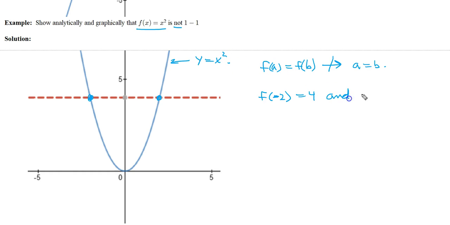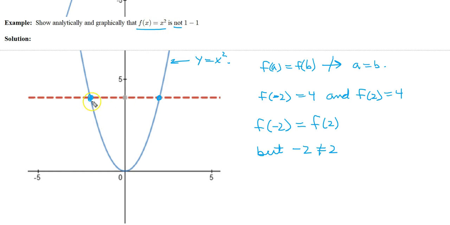And if we look at f of 2, that's equal to 4 as well. Therefore, we have that f of negative 2 equals f of positive 2. But obviously, negative 2 does not equal positive 2. So a doesn't have to equal b. And so that shows analytically that this function is not one-to-one.